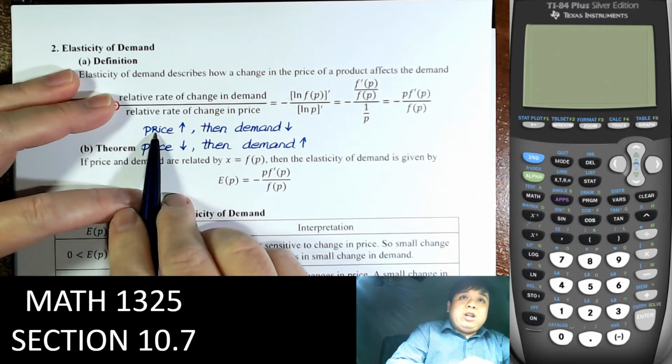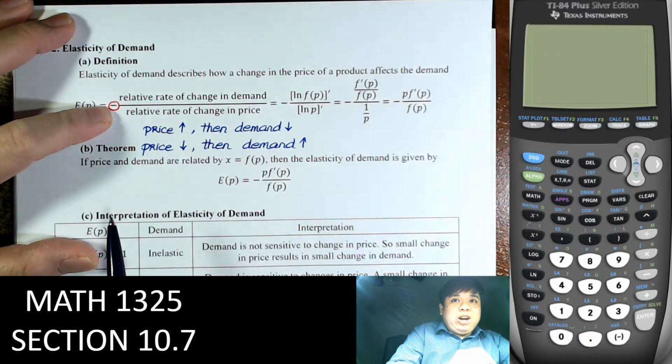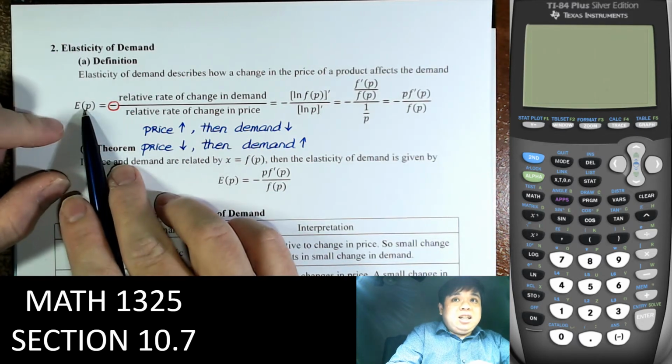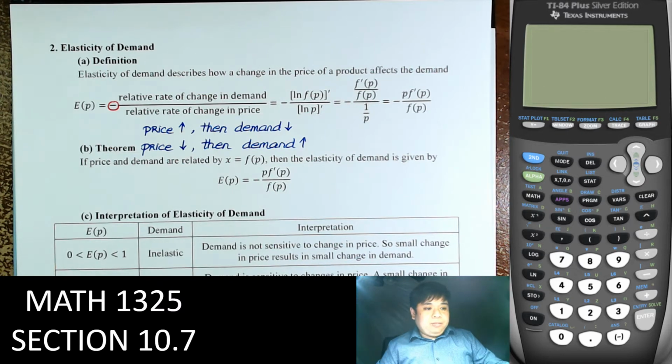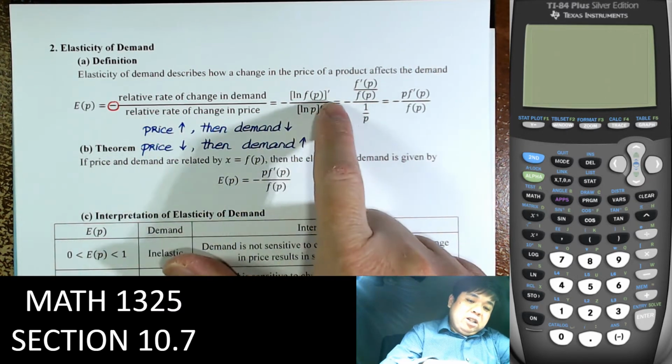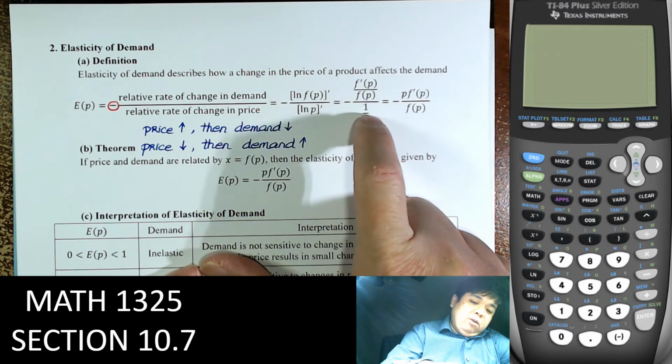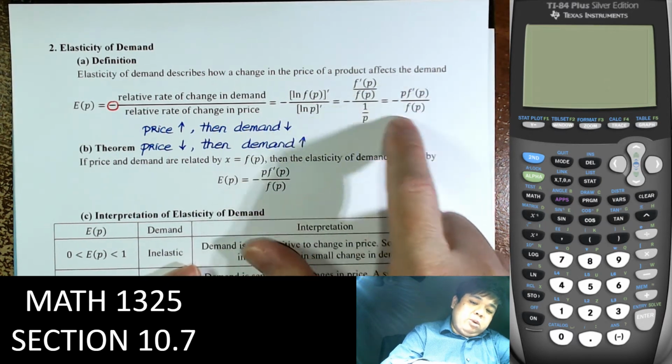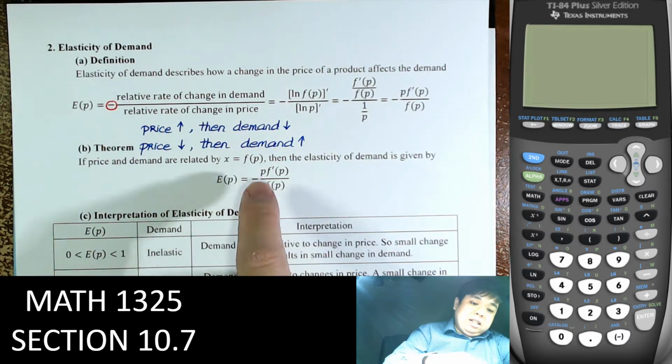So one positive, one negative. We throw in an extra negative to make sure that elasticity is always positive, right? Now, of course, we take the relative rate of change of the demand and the relative rate of change of the price and divide them, and we have that elasticity of demand is given by this formula.